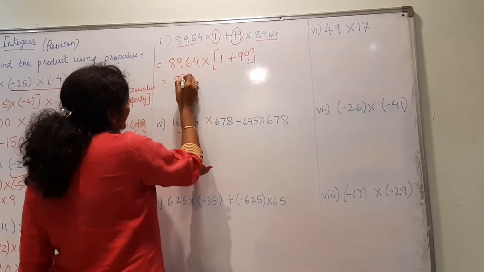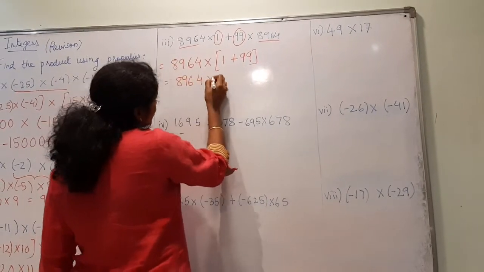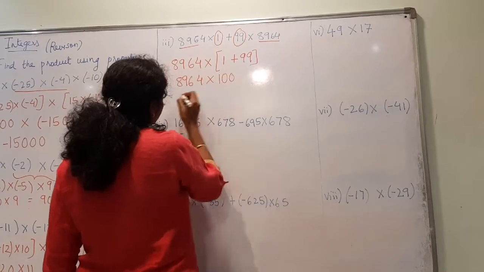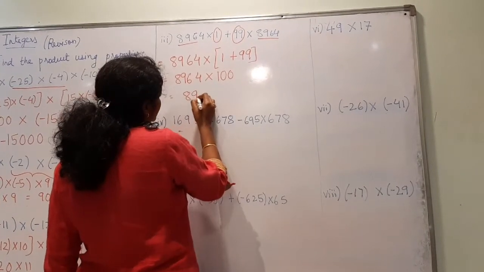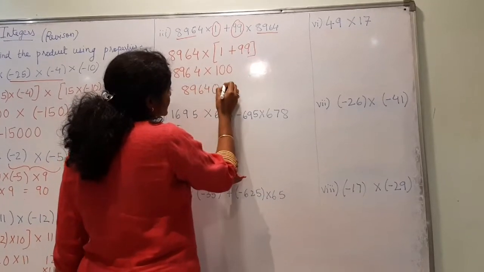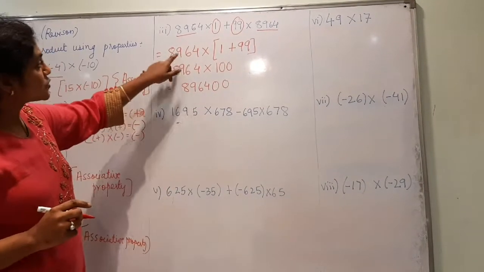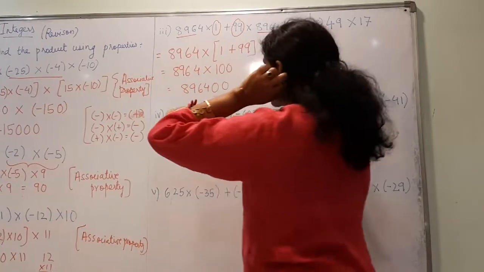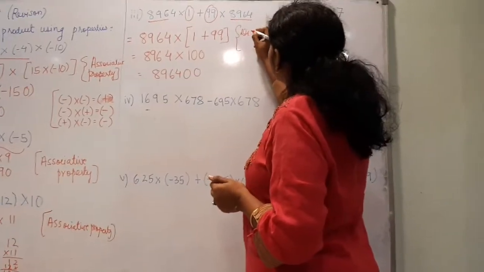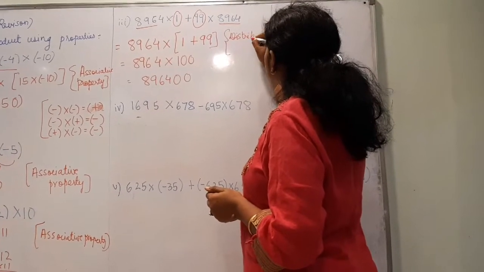So this is 8964 into 100, since 1 plus 99 is 100. So 896400. So this property name is, in short you can write, distributive property.